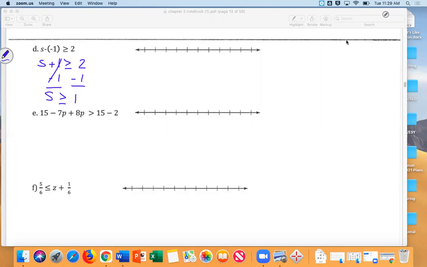I like to put this number in the middle, where you can put 0 in the middle, and I just go 1, 2, 3, 4, 0, -1, -2. And then it's going to be a closed circle at the 1. I'm eating the S, so I'm shading to the right.